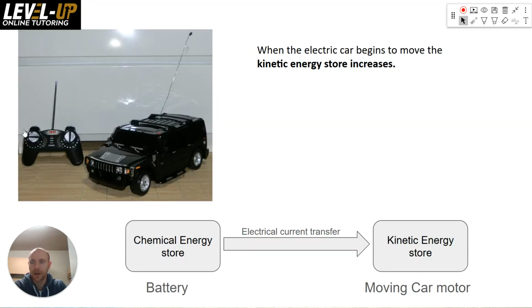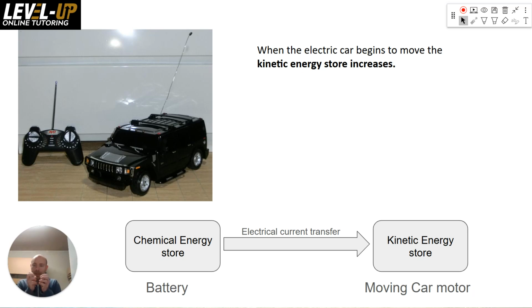Okay, so let's look at an example of how this would work and what you'd be expected to do in an exam. I've got an example here I talked about earlier, an electric car, remote control car, and within this car, you've got a battery. That battery contains a chemical store.